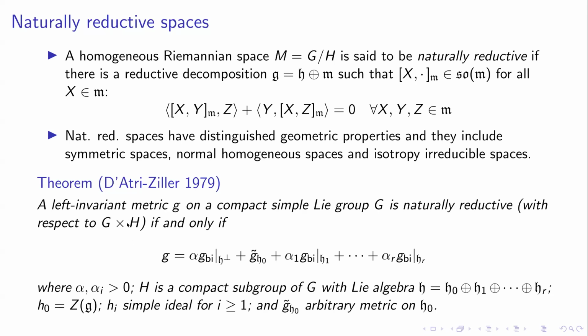You decompose the Lie algebra of H into the center and the simple ideals, and you can modify the metric on the simple ideals by rescaling the invariant metric. You can use a different factor for the scaling, and you have to rescale the invariant metric also in the orthogonal complement of H, and in the center you can put anything. So these are all the naturally reductive metrics on compact simple Lie groups.